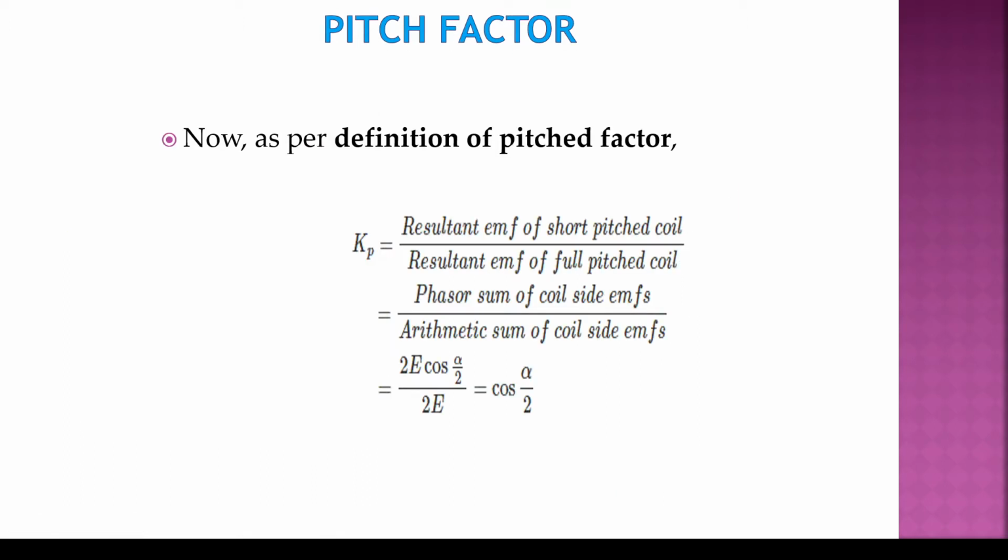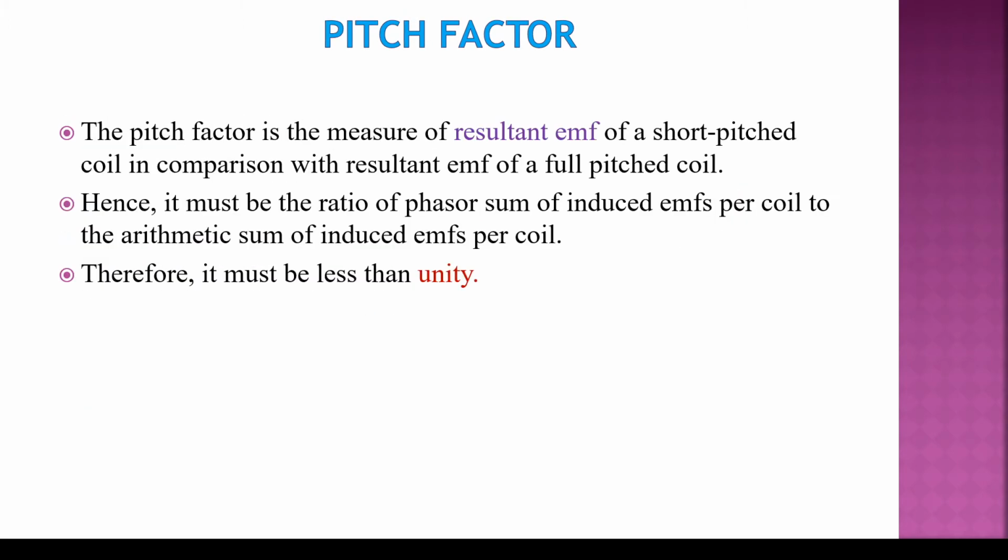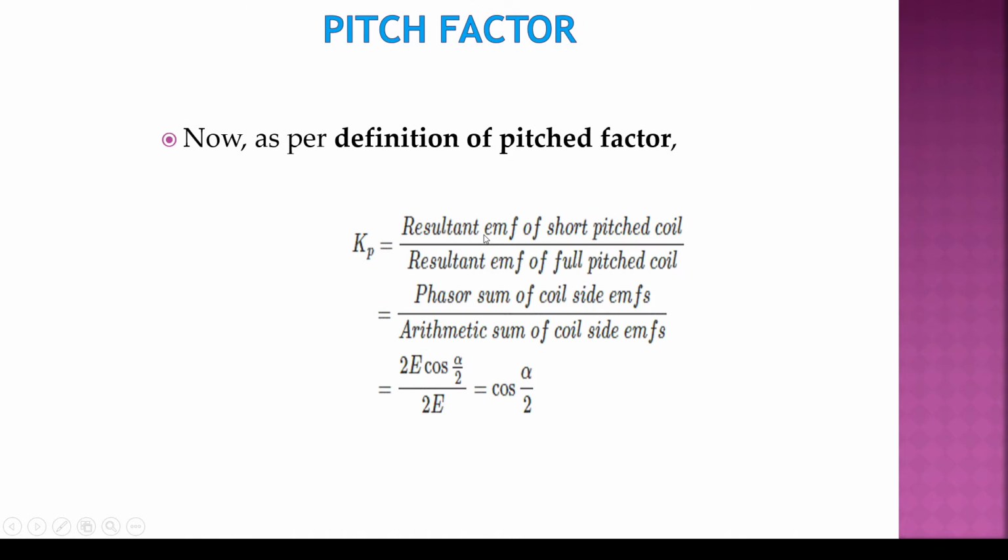So as per the definition of pitch factor, which we have just seen, it is the ratio of the phasor sum of induced EMFs per coil divided by the arithmetic sum of induced EMFs per coil. Okay. So the resultant EMF of the short pitch coil by the resultant EMF of the full pitch coil, or it can be said as the phasor sum of coil side EMFs by the arithmetic sum of coil side EMFs.